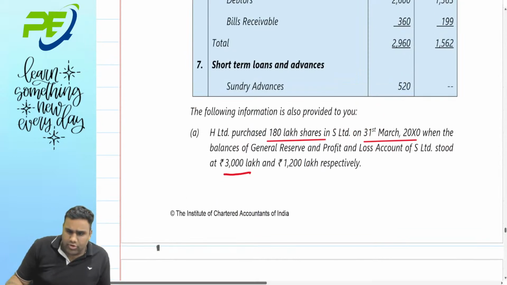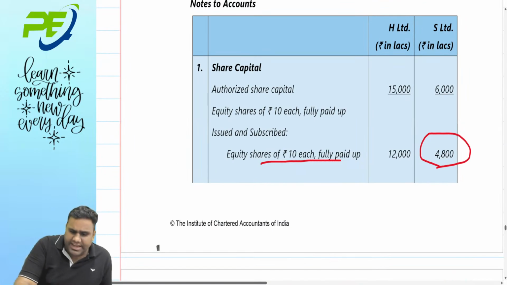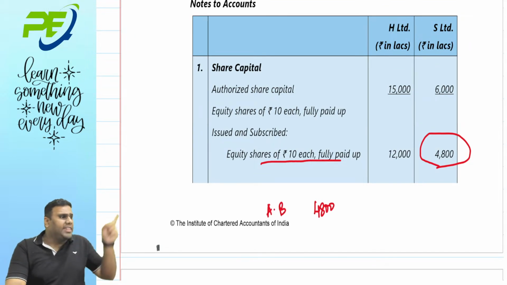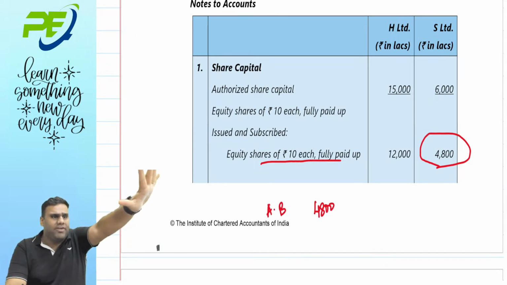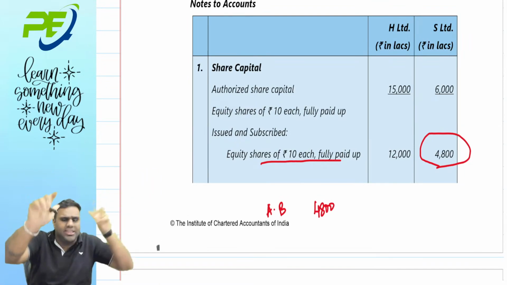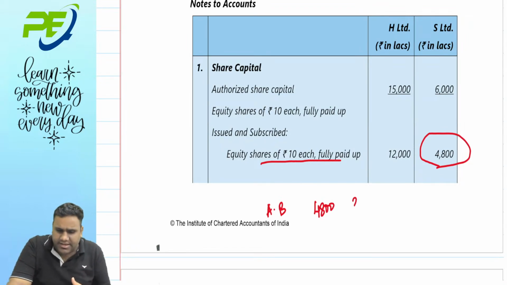Now, bonus. They have 4,800 shares, so this is after bonus. And the ratio was 3:5. For every 5 shares, you will get 3. So can I say total 8? 5 plus 3, 8.